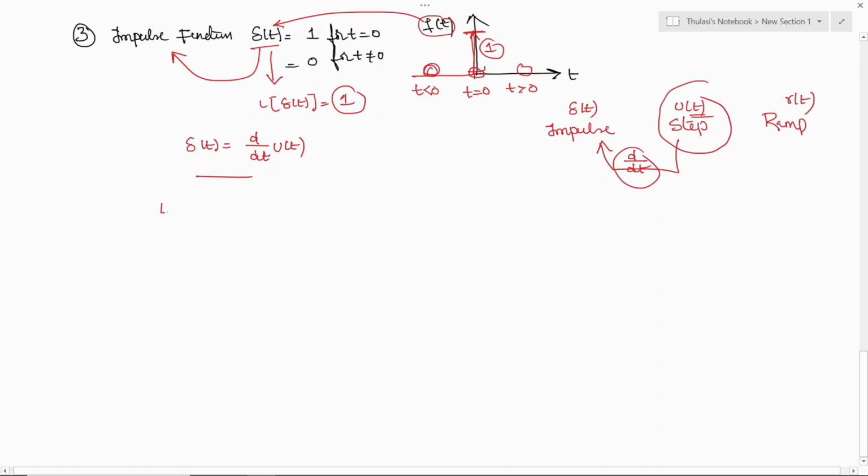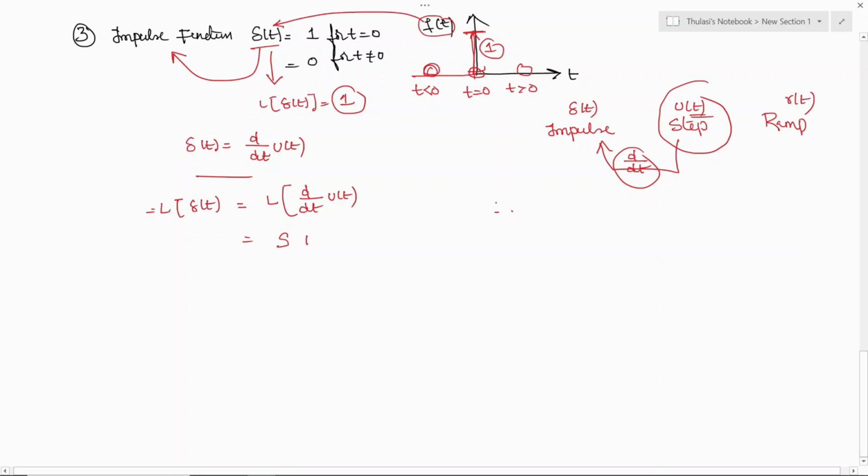So now I want the Laplace of delta of t, which is nothing but I require the Laplace transform of this one, which is Laplace of d by dt of u of t. Already we know that the Laplace of differentiation is s into F of s.